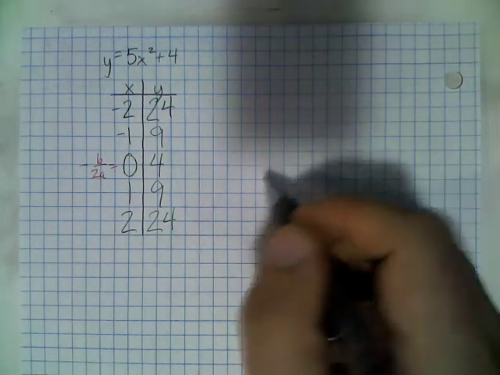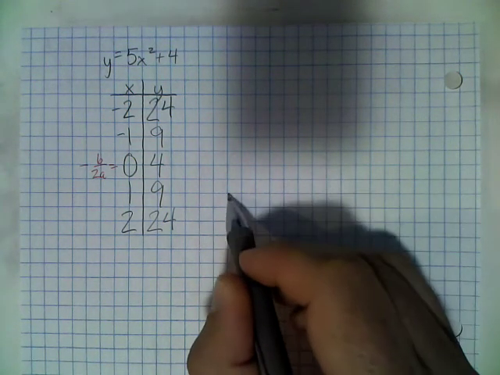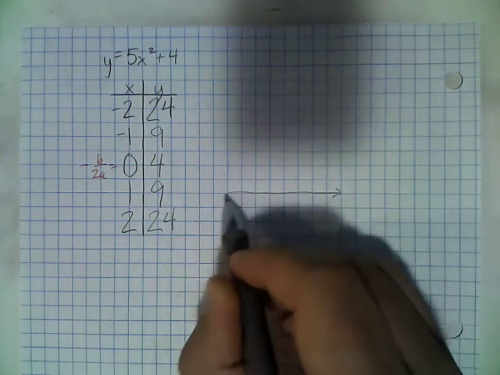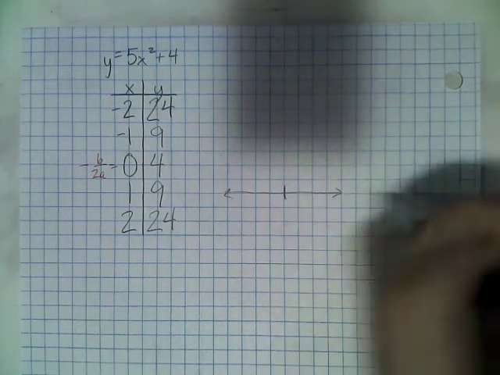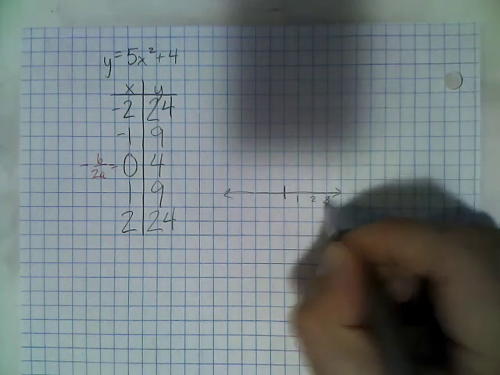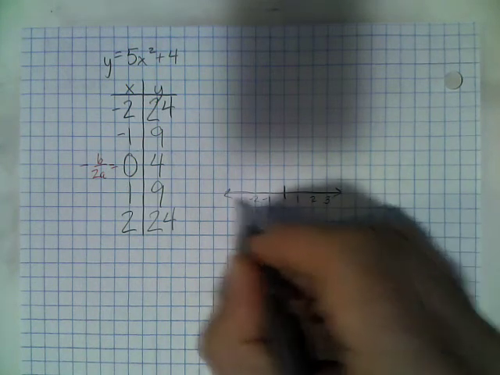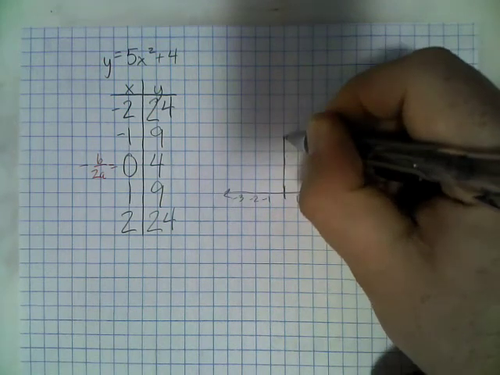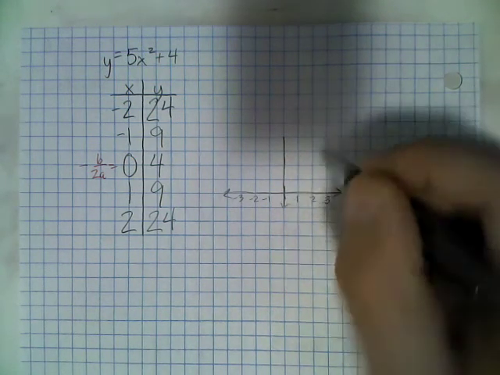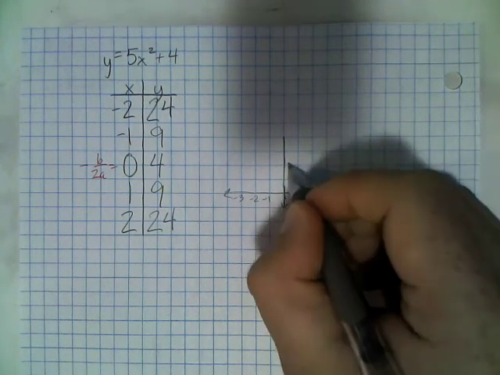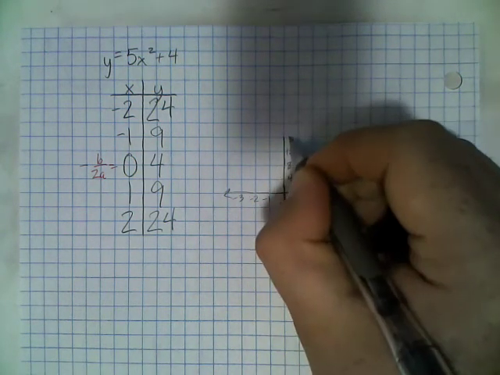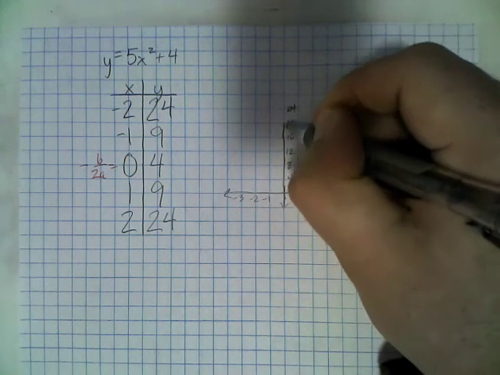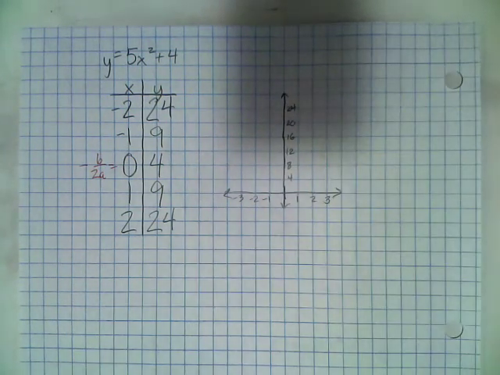So it may actually make more sense on this one if I make my coordinate plane and I'm just going to go ahead and use a normal scale for my x-axis, but I have to label it because for my y-axis I'm going to be using a different scale. So here I'm going to jump by 4s. 4, 8, 12, 16, 20, 24. So since we have a different scale on each of these, we do need to label that.